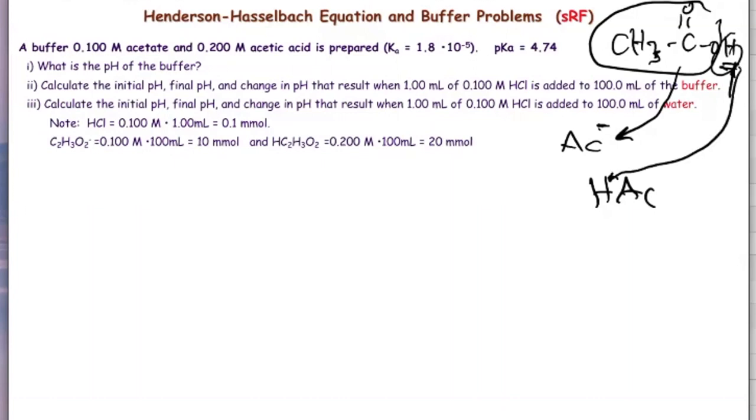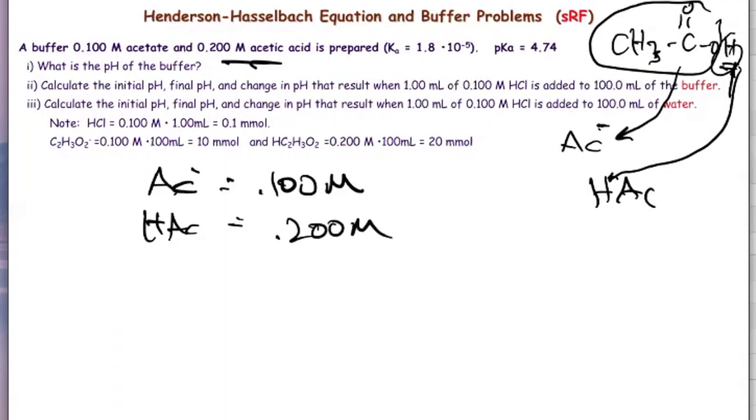So we're going to use shorthand notation a lot just because you don't want to constantly write this structure for acetic acid. Here we have a buffer situation. We said that the acetate ion, AC minus, is 0.100 molar, and that the acetic acid is 0.200 molar. The Ka we know is based on acetic acid.